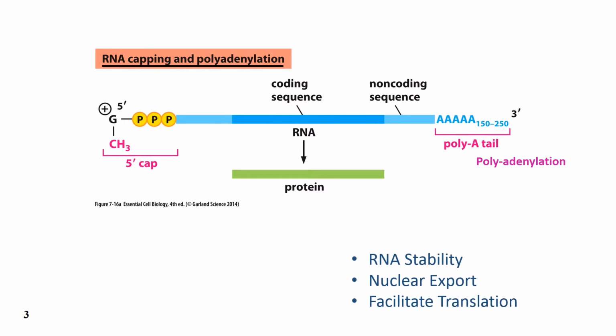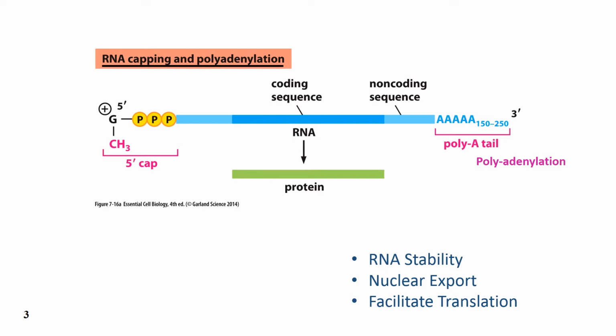Both 5' capping and 3' polyadenylation serve the same functions. Both contribute to stabilizing the mRNA, extending its lifespan once it leaves the nucleus. Both also are helpful in the transport of a mature mRNA from the nucleus to the cytoplasm.